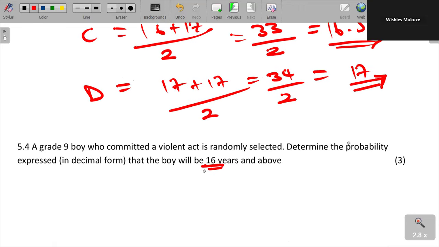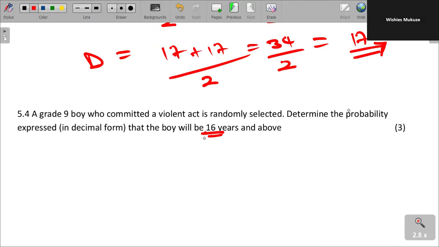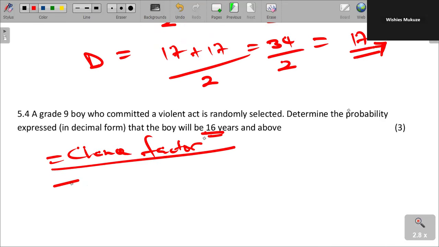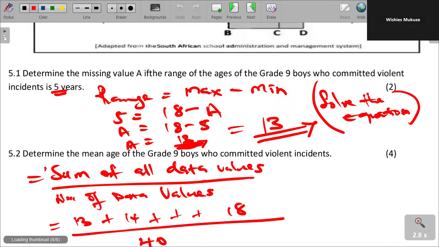This is equal to chance factor over total ratio. You need to check how many boys are 16 years and above here.